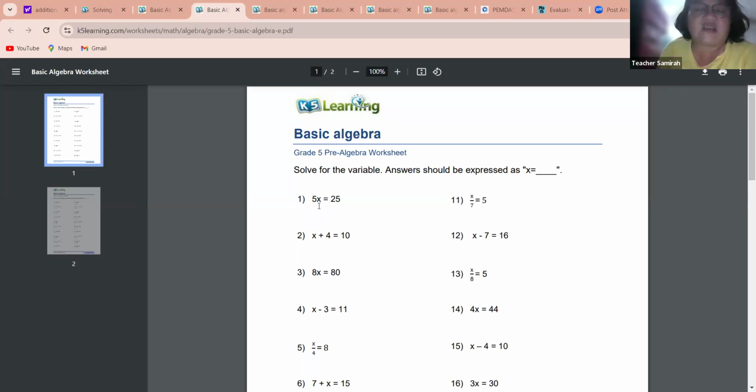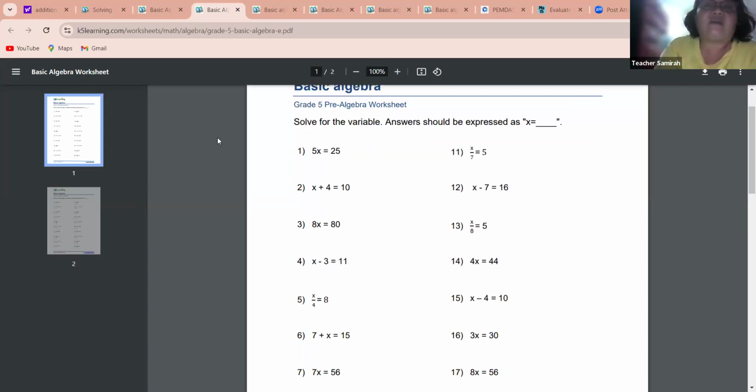So 5x divided by 5 would give us x. Okay? And then 25 divided by 5 would give us 5. Very good. I think I saw this one from almost all of you who submitted your answers. So you can check your answers.